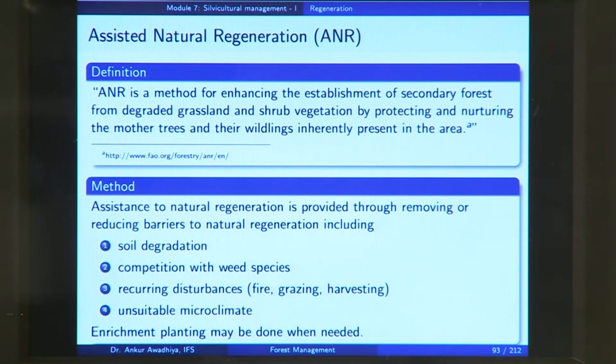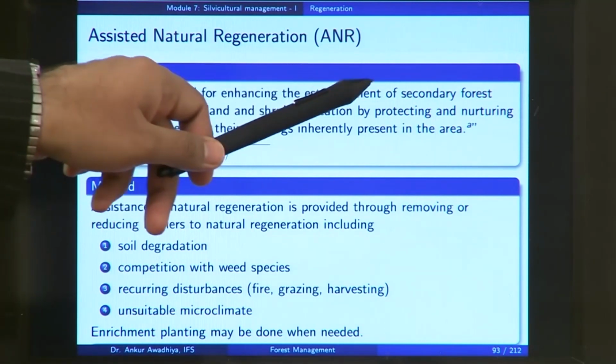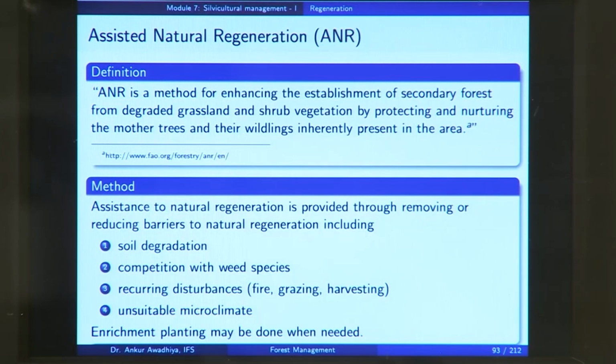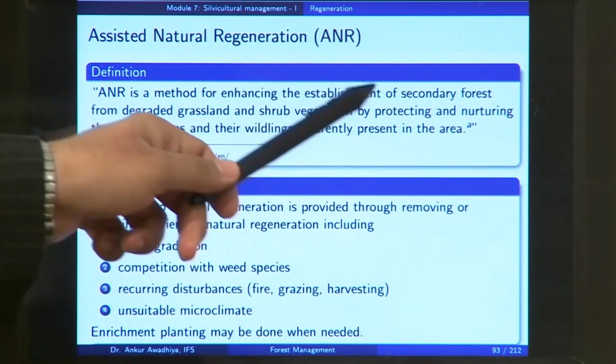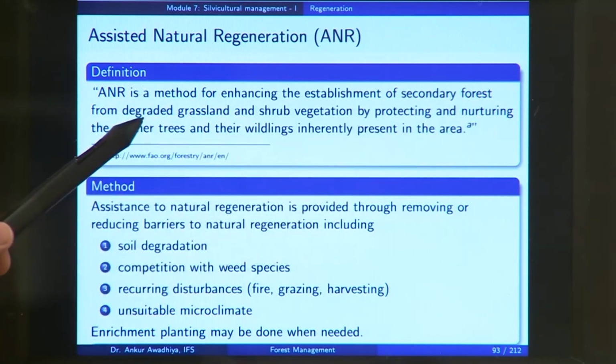So, what you are doing here is that you are assisting or helping the natural regeneration, so that the establishment of the secondary forest gets enhanced. And how are you doing it? You are doing it by protecting and nurturing both the mother trees and the wildlings or the progeny.